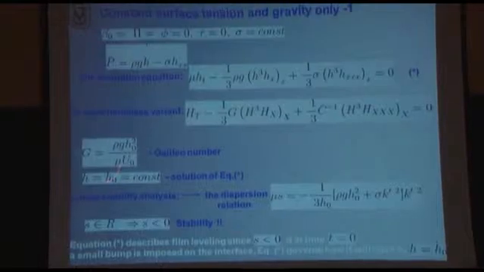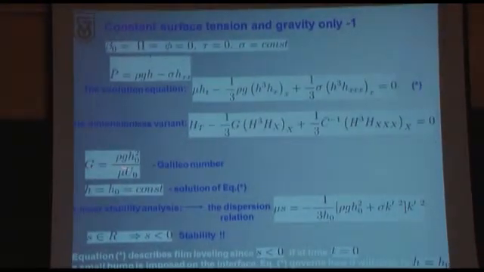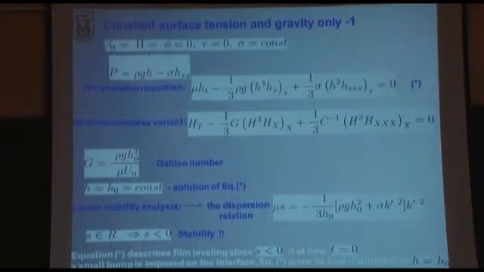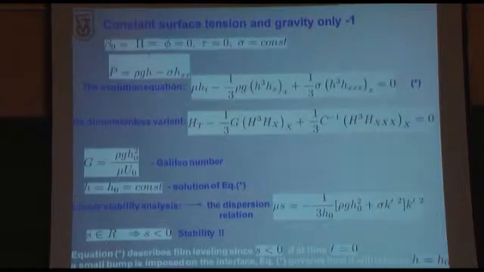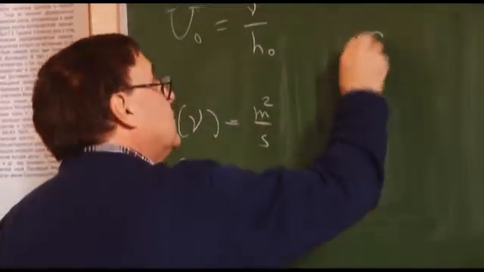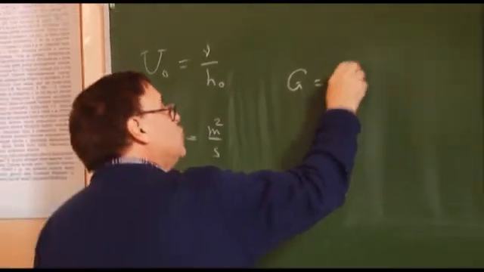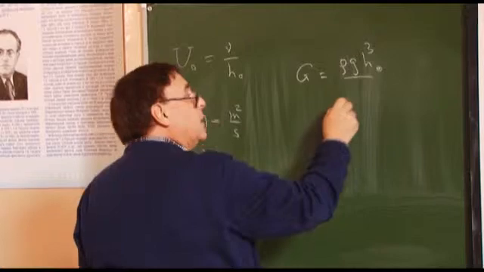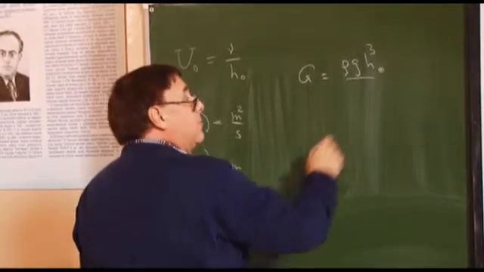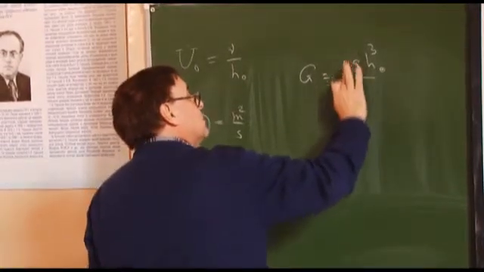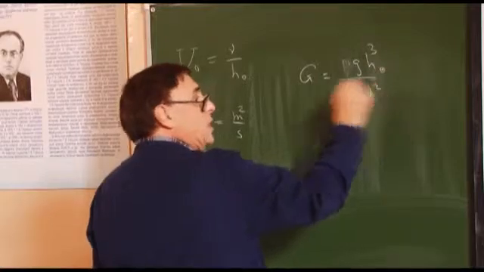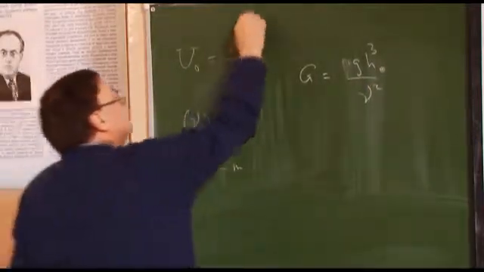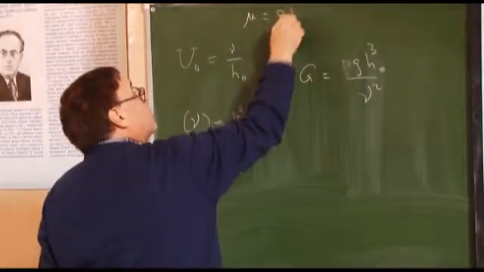Okay, so this is the Galileo number, and if you choose this typical velocity, then G will be rho g h0 cubed divided by nu squared, because mu is actually rho nu.